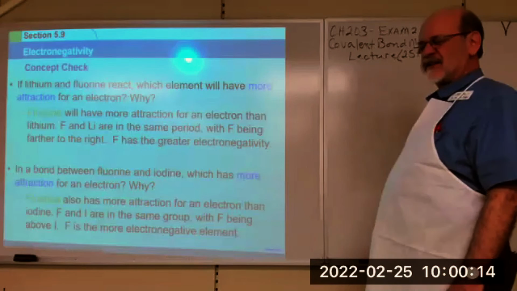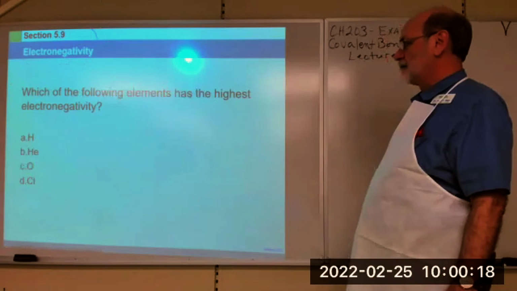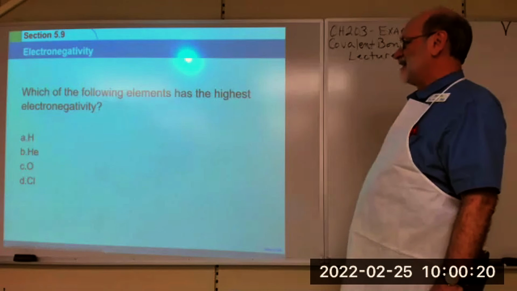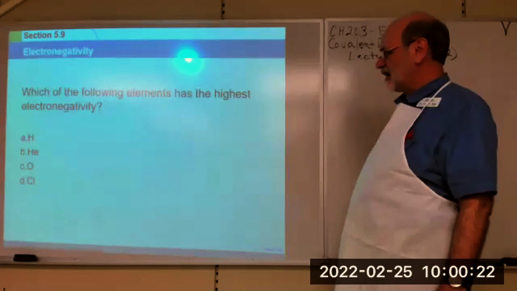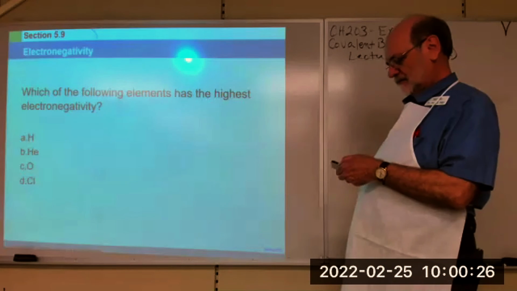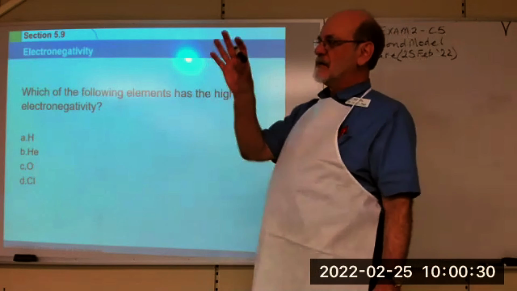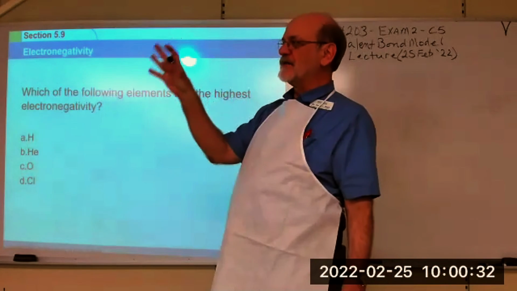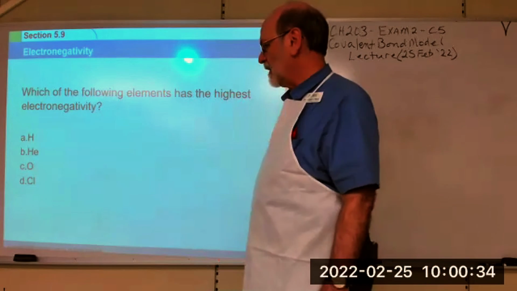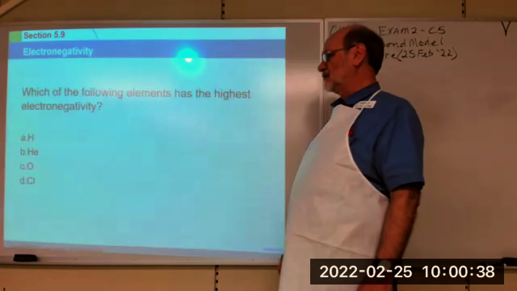The question then is, is it polar or nonpolar? Okay, which one has the highest electronegativity? Well, helium doesn't count. Oxygen is up and to the right of everything except for hydrogen. And hydrogen sort of sits off by itself.